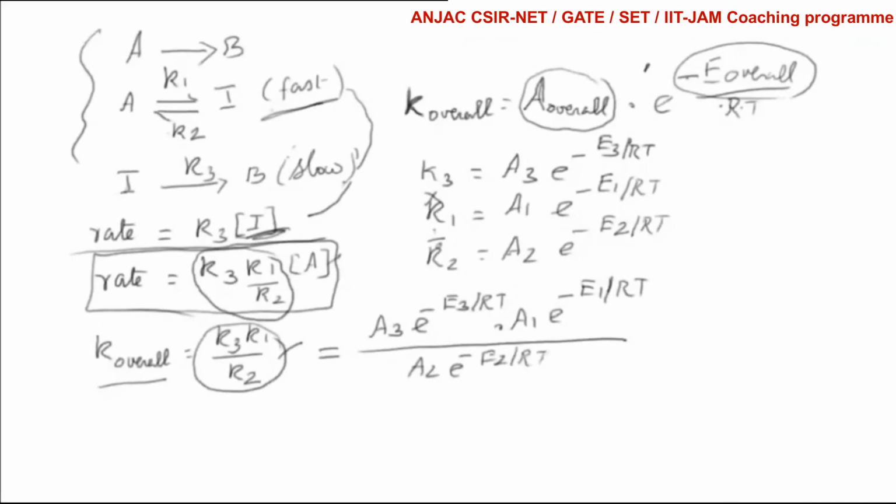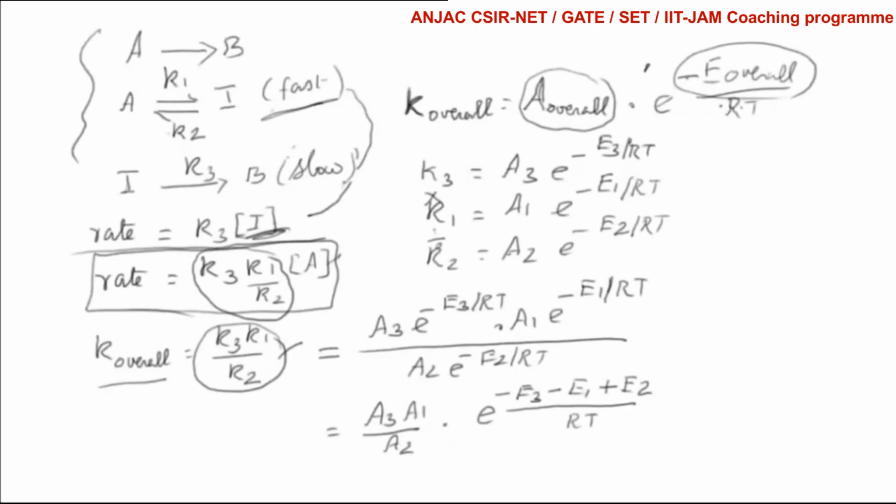Therefore, if you rearrange, A3 A1 by A2 into e power minus E3 minus E1 plus E2, the energy of activation overall by RT.